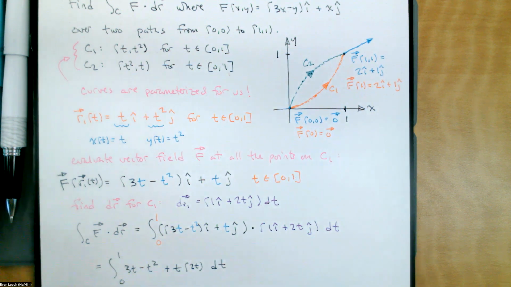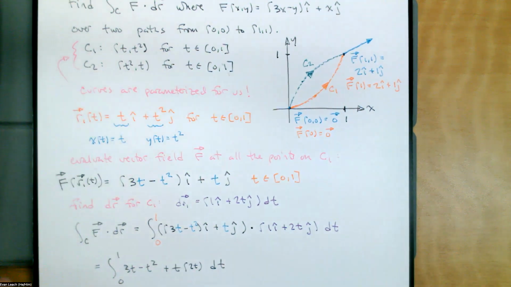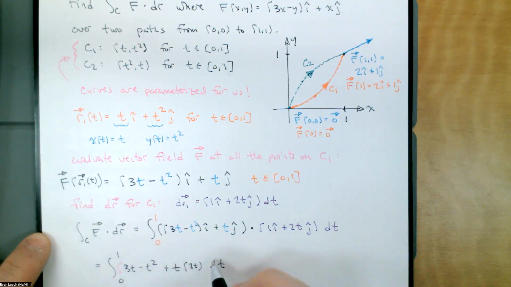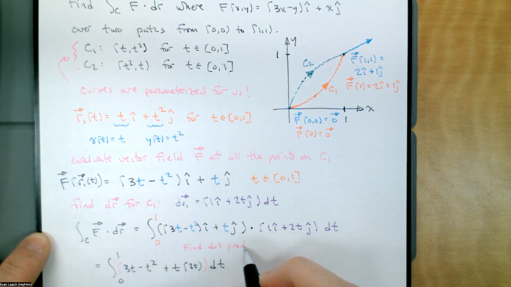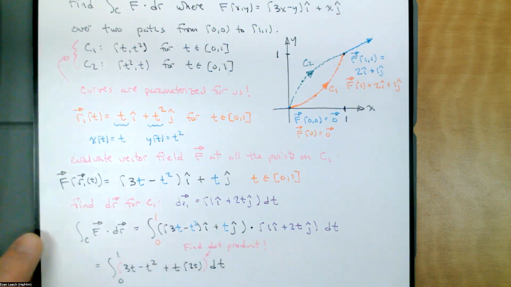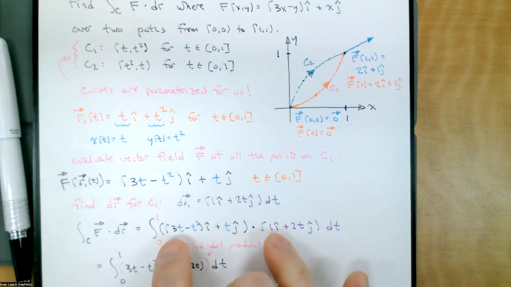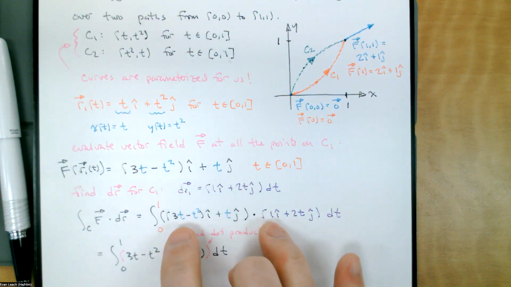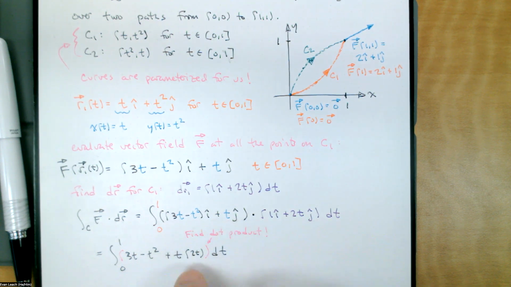So I find the sum of the products of the corresponding components: 3t minus t squared times 1 plus t times 2t.